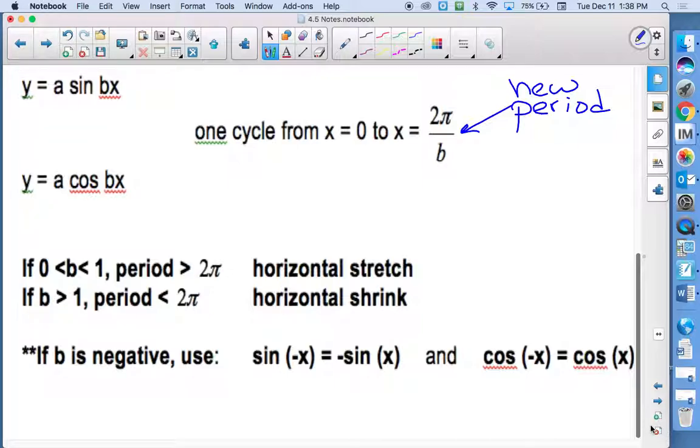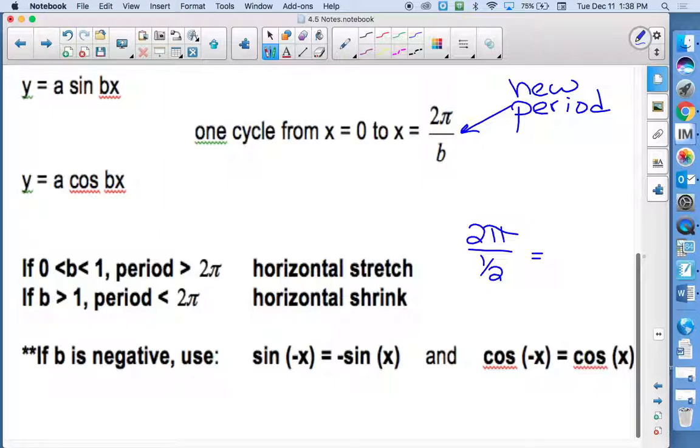if your b value is between 0 and 1. So Brandon, give me, I shouldn't ask you, but I'm going to, a nice fraction between 0 and 1. Not crazy, nice. Okay, good. So if the b value was 1/2, that's between 0 and 1. What does that actually make the period, Brandon? Pi.